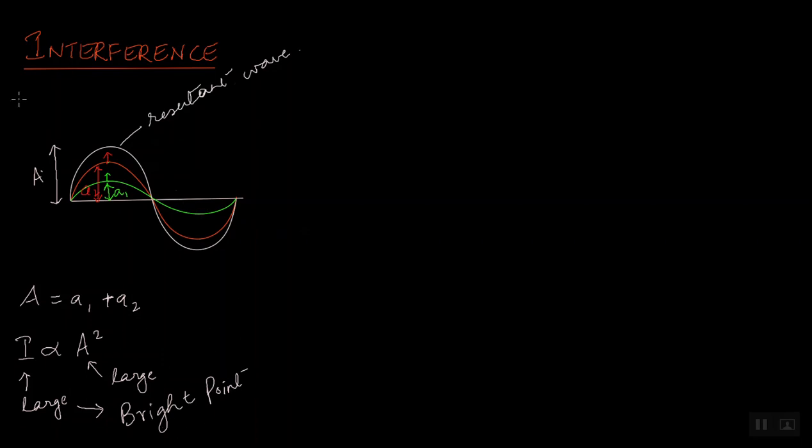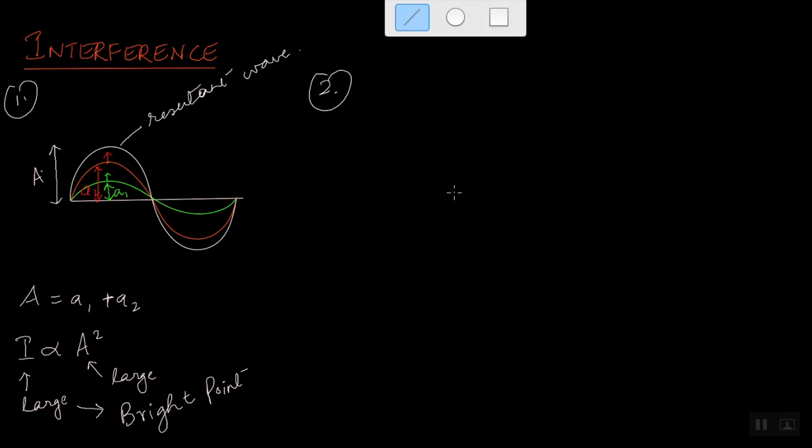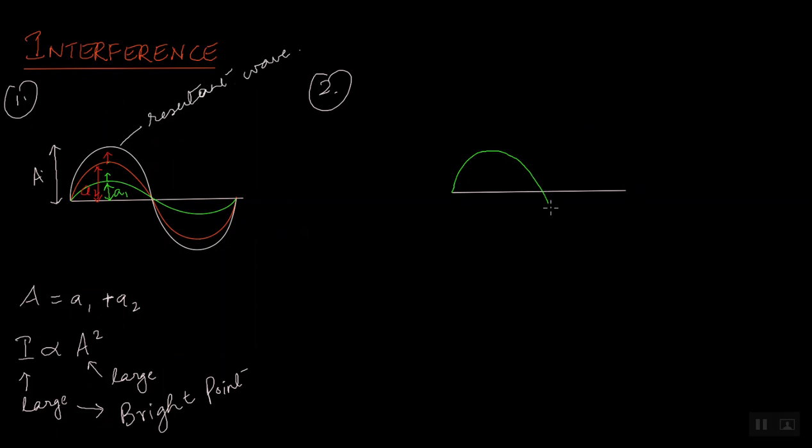So this is one way in which the wave can superpose. The second way is this. On this line, then you have this green wave. Let's say this green wave is like that, and you have the red wave. Can you see?